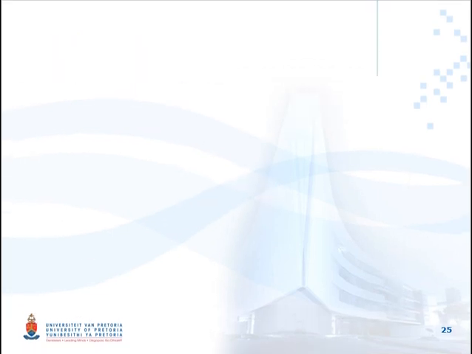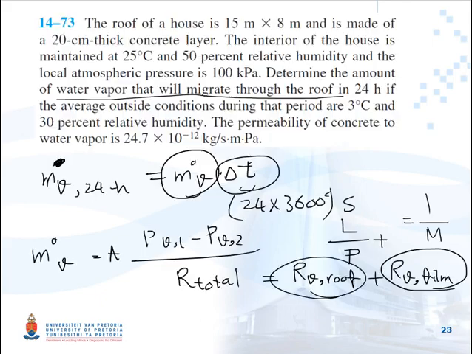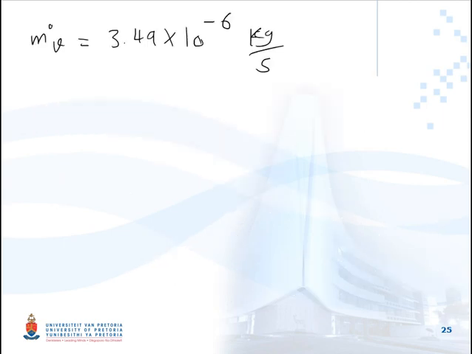Okay, so m dot v will be equal to 3.49 times 10 to the power of minus 6 kilogram per second. Okay, now we have it. Try to see if you can get to the same number, but our job is not done. Why? Because it's asking to determine the amount of water vapor that will migrate through the roof in one day.